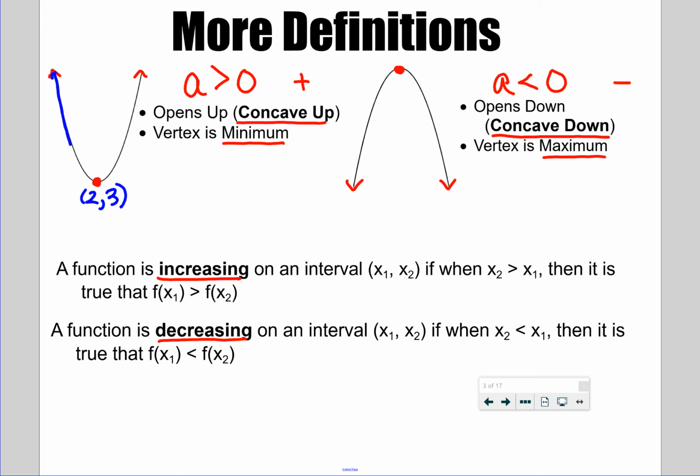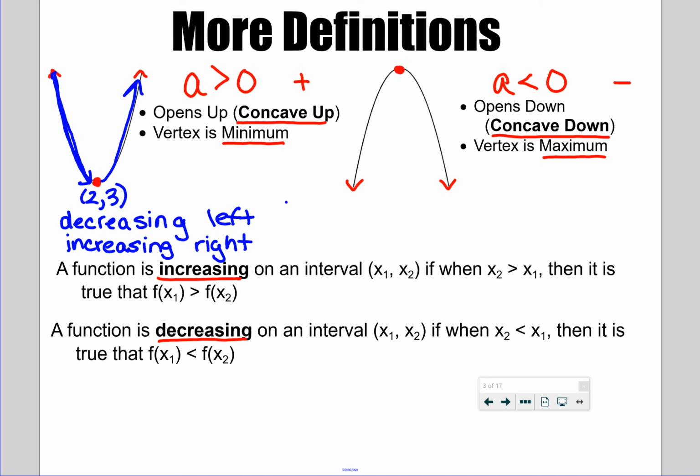The left side of this parabola, as I go from left to right, is going down, and the right side of this parabola, as I go from left to right, is going up. So we would say that this parabola is decreasing on the left and increasing on the right.